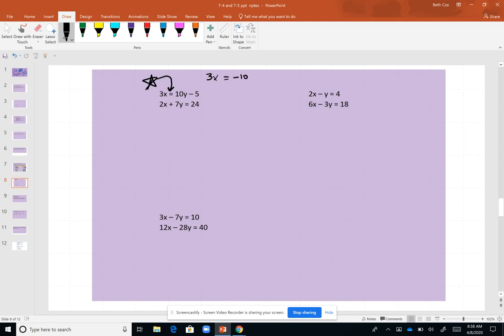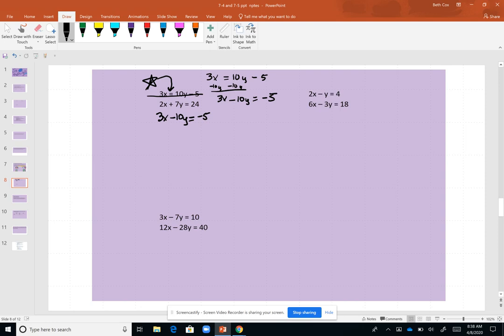So watch this. I'm subtracting the 10y on both sides. I'm just rearranging it. So that's what it is. I'm no longer going to use that one. I'm going to use this one that I rearranged.